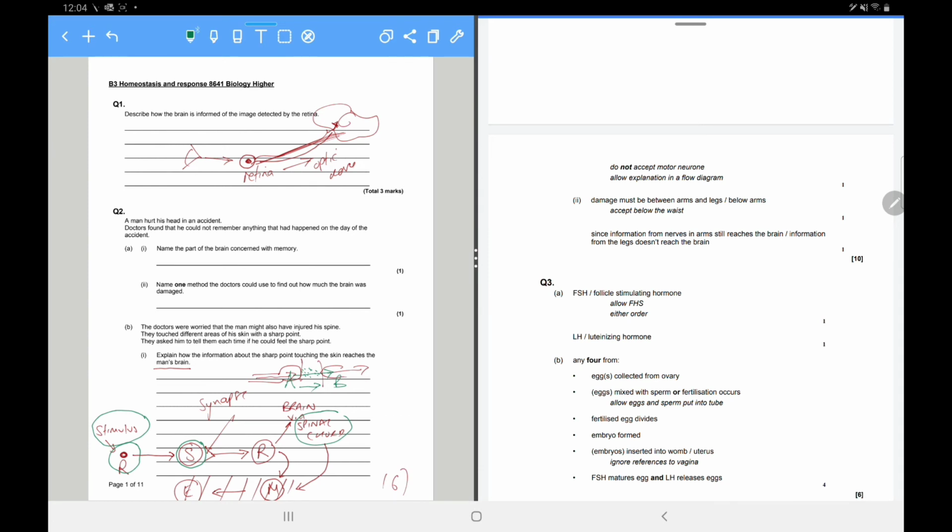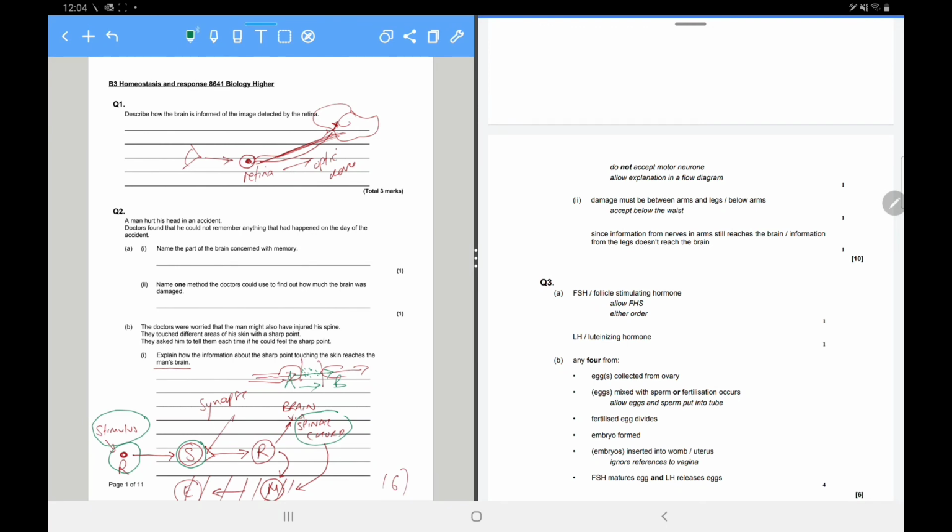Notice that when I was doing that question, with 6 marks, from the stimulus to the brain, I was thinking, hang on, that's not going to be enough marks for receptor, sensory neuron, relay neuron, brain. I'm going to have to include more. So notice the way that I went after the synapse, because that's information that we know about the nervous system, in order to give me 6 really good points.